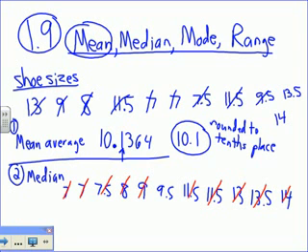Either way is fine. That's our median. The median basically means the middle. Like on the highway they call the median that little strip of grass in the middle. So the median is the middle number.